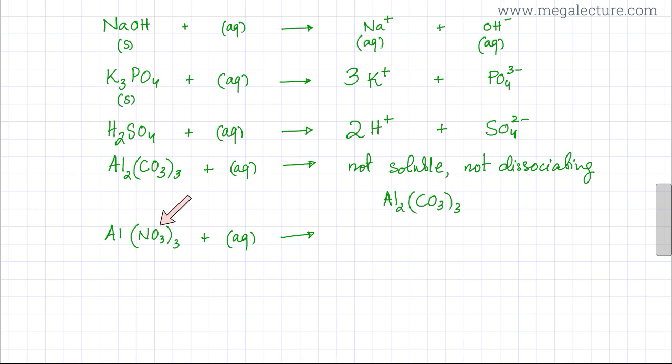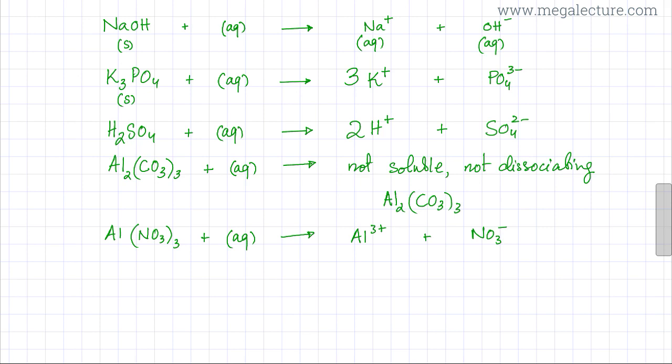So anything that contains NO3 minus 1 is going to be soluble. So this compound over here is soluble, and it's going to dissociate into its ions, and there are 2 ions present in this compound. One is aluminium, and it has a charge of 3 plus because it's in group 3. The other one is NO3 minus 1. So it's also going to dissociate, and the 2 ions would be roaming separately in water.